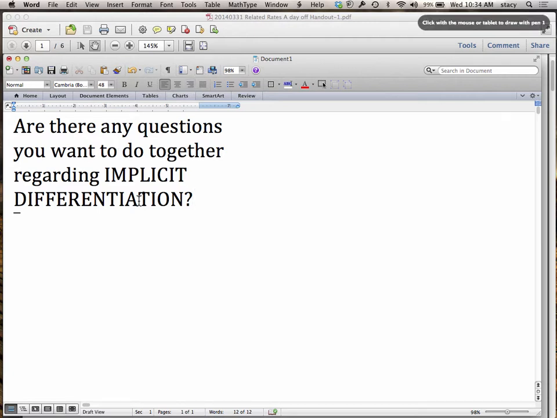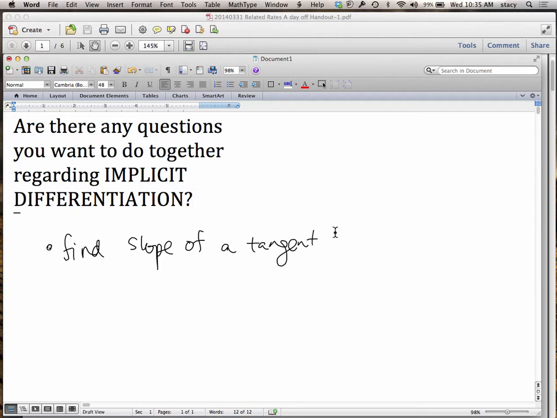Something that would be implied is if I ask you to find the slope of a tangent line, for instance, right? When we're talking about the slope of a line, we're thinking traditionally about graphing on the xy plane, right?